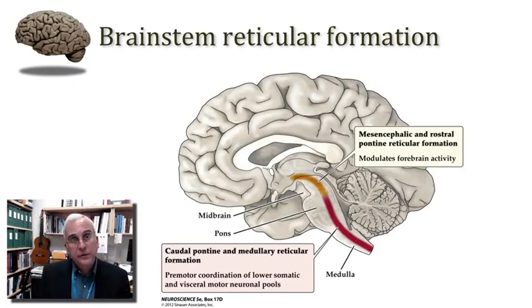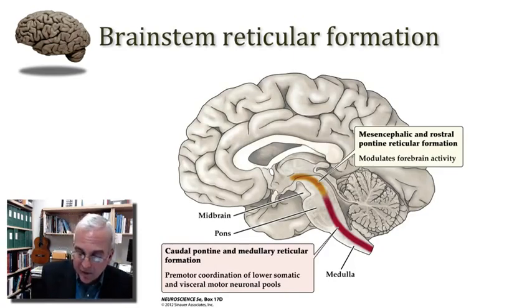Well, within this network of cells, we now know that there are actually discrete circuits, and many of these circuits have specific functions with respect to visceral motor control and somatic motor control. There are elements of the reticular formation that do in fact project broadly and diffusely throughout the nervous system, and those are projections that have an important role in modulating brain function in various regions.